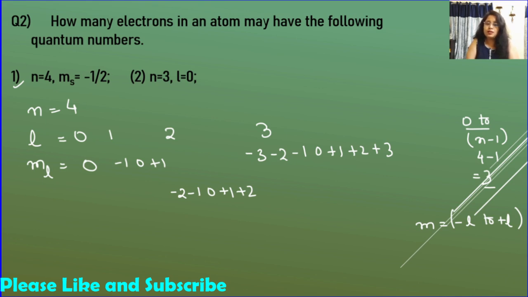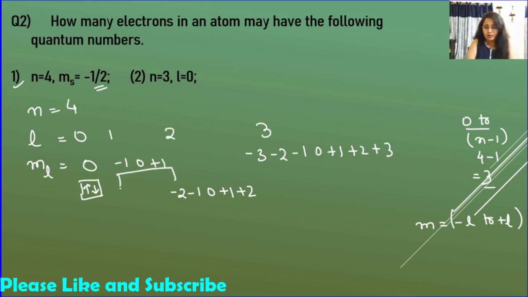Now they are asking how many electrons with minus half. So first we will make the electrons. In 0 it will be only 2 electrons. One is positive spin, one is negative spin.